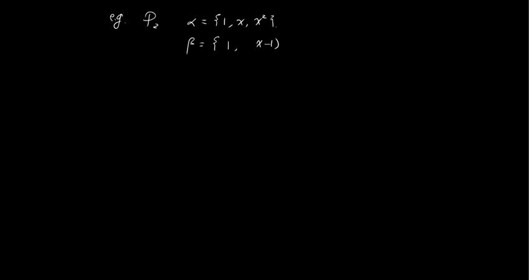This is your midterm, x minus 1 squared. So the question is how to switch or change between the vector representation with respect to alpha and the vector representation with respect to beta.